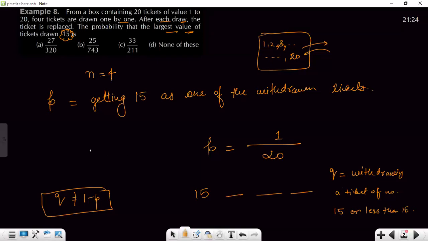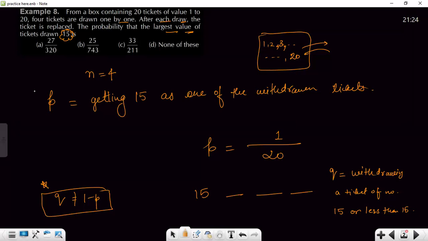Now understand one thing, that Q is not equal to 1 minus P. Why? Because we are excluding the cases of getting 16, 17, 18, 19, 20 here, in the other event as well as in the first event. But in the total possible outcomes, they are there.